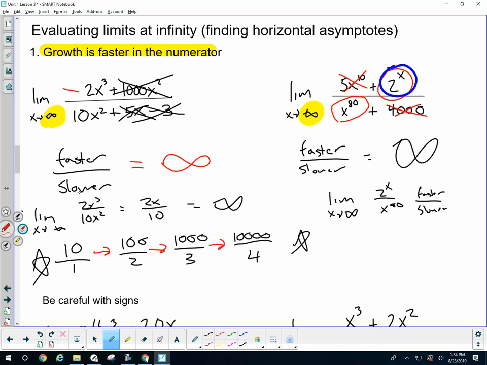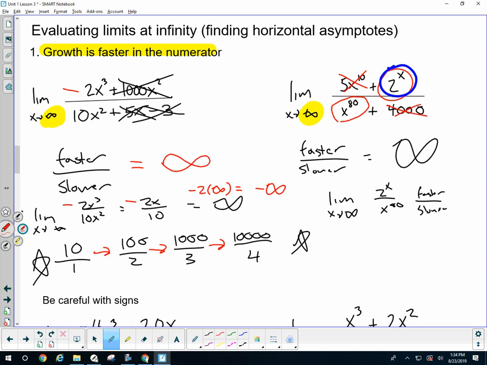Because, sure, I have faster and slower, but I have a negative, and this helps when you look at it algebraically, in front of that 2. If I have negative 2 times infinity, that's going to give me a negative infinity. Negative times a positive is a negative, right?